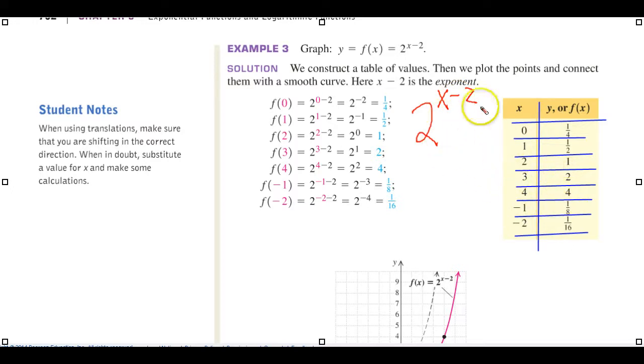And if you have some negative values in there, a negative 1 and a negative 2 is negative 3, which is 2 to the negative 3, which is actually 1 over 2 to the third, which is 1/8, and so forth. So these are your points. Now let's look at the graph.